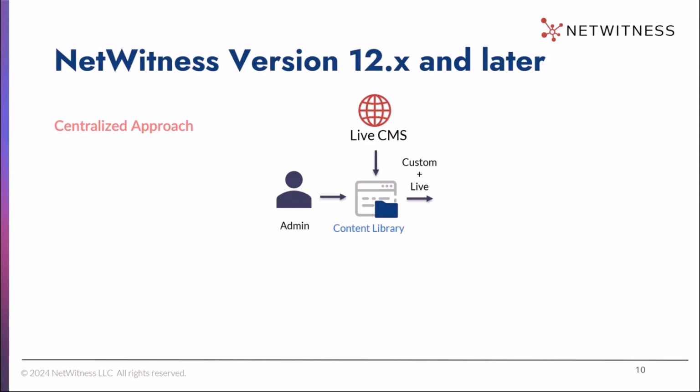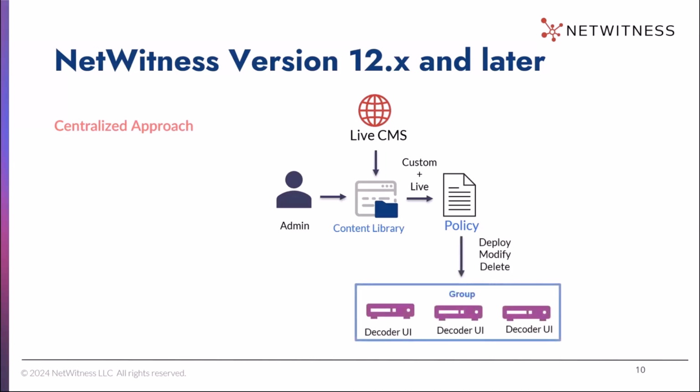What happens is that the admin goes around exploring this content library, chooses any content that he wants, whether custom or live, and then adds it to a policy. A policy is a container that contains all these types of content, and he then deploys this policy on a group. A group is usually several decoders grouped together that, for example, you want to have the same content on, and you deploy this policy on this group.